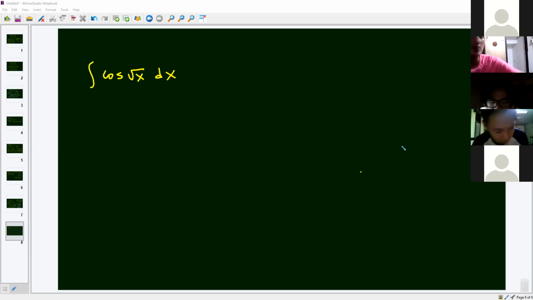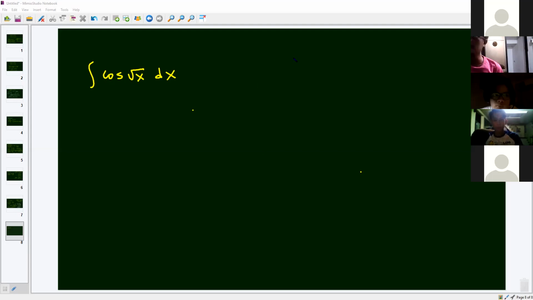Very good. Actually, hinayaan ko kayong mag-solve yan because this is actually another technique. Sabi ko nga, the technique of by parts can do it, and then there are other techniques to help you deal with integrals easier. So, tama naman yung mga nakuha nyo using by parts. You found out that you can do it by parts.